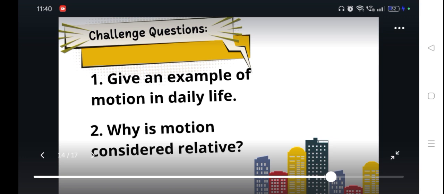You just have to describe an example of motion that you do every day or that is present every day. Second, why is motion considered relative? Explain why motion is relative.